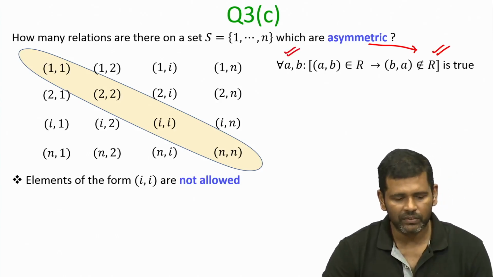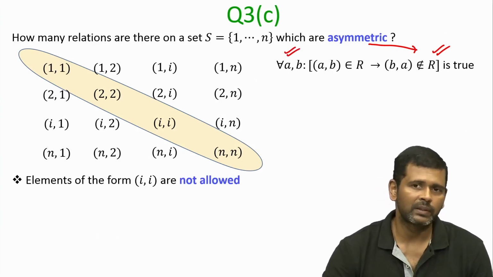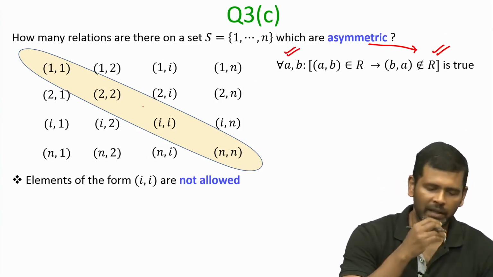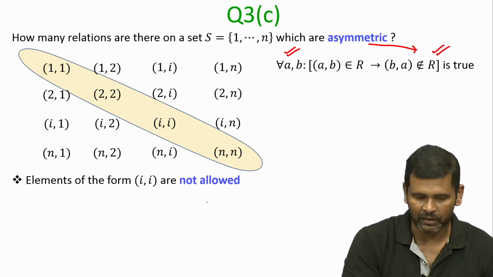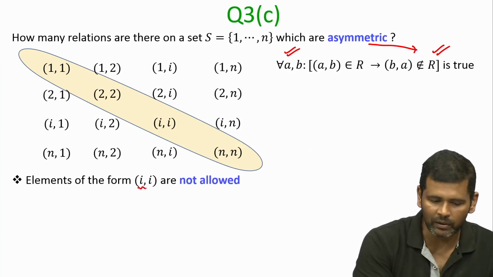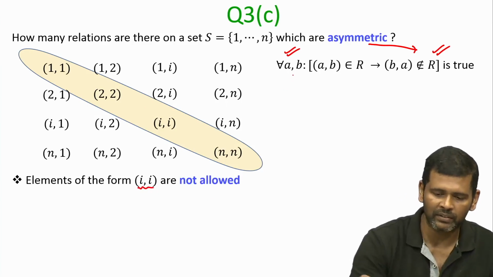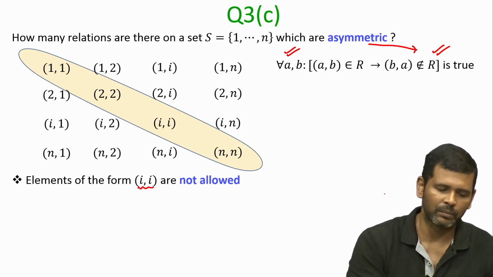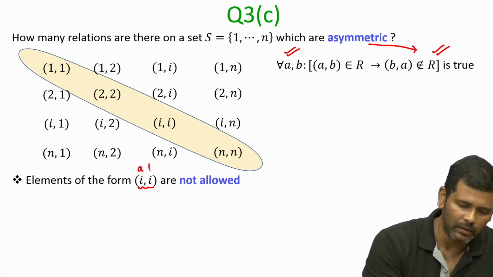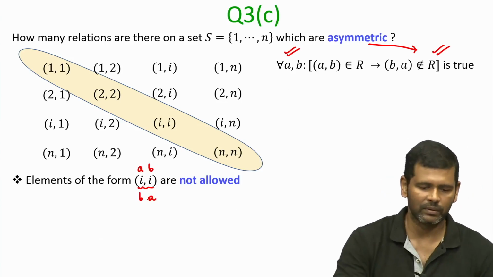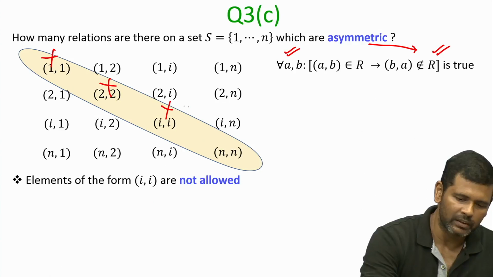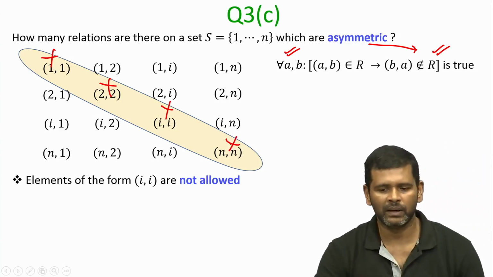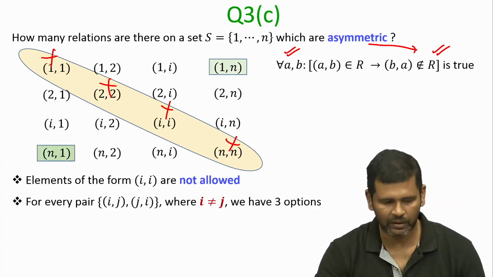The first thing to observe is that none of the ordered pairs along the diagonal are allowed in an asymmetric relation, because if you include (I, I), that violates this universal quantification, since you have both (A, B) as well as (B, A) present in your relation. So that is not allowed. None of (1, 1), (2, 2), (I, I), (n, n) are allowed in an asymmetric relation.